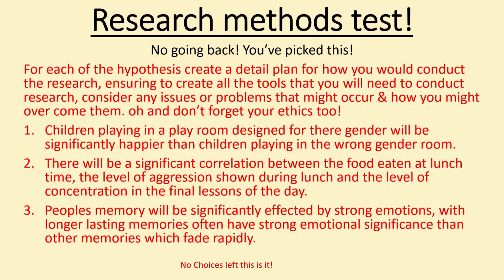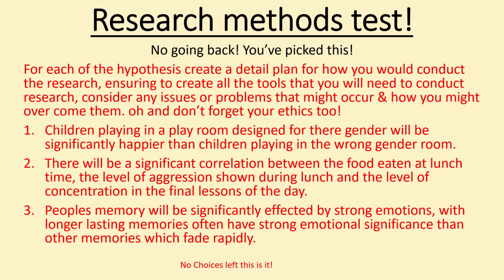Okay, so you have decided to go to the final task. That is your choice, but there is no going back. You've picked this now. Okay, so for each of the hypotheses, create a detailed plan for how you would conduct research, ensuring you create all the tools that you need to conduct your research, considering any issues or problems that may occur and how you might overcome them.